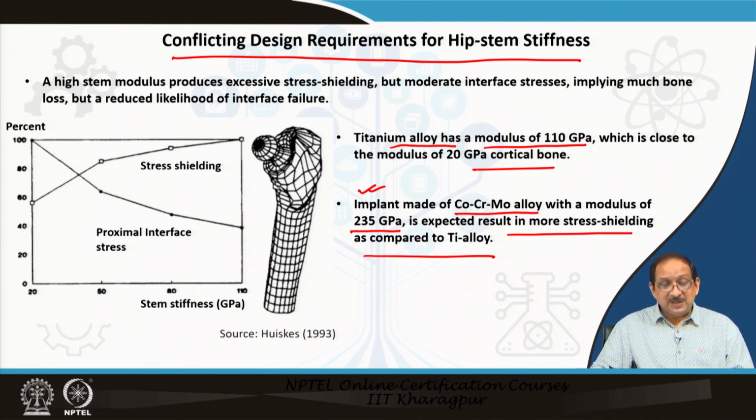If cement is present on the proximal side, the flexible stem evokes less stress shielding in the bone, but more interface stresses.